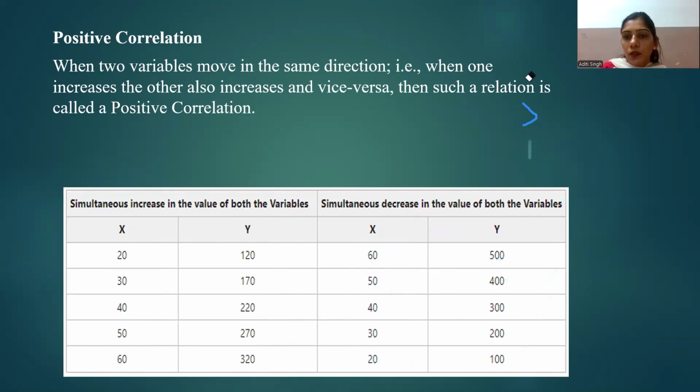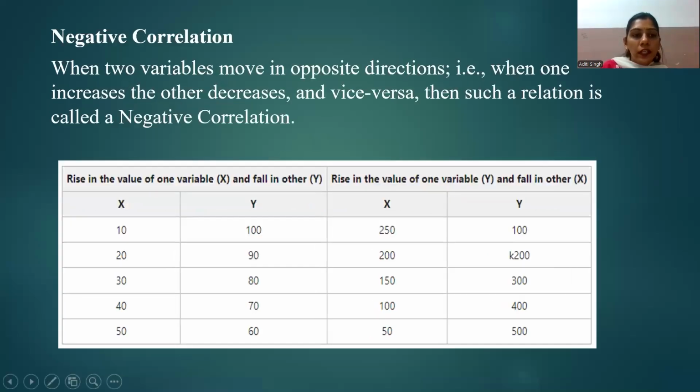Now we will come to the next, that is negative correlation. So what is negative correlation? When the variables are moving in the opposite direction.